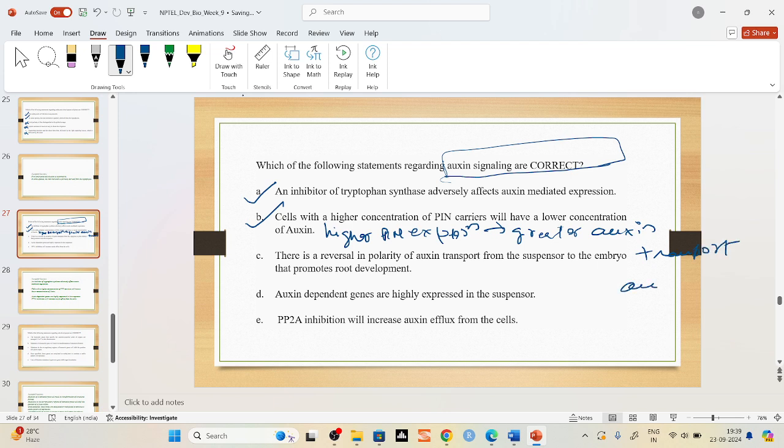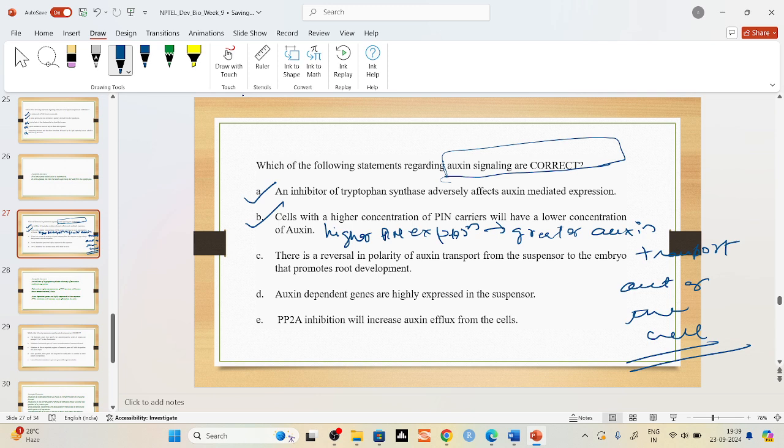Therefore the local auxin concentration reduces. Therefore B is also correct, that is, cells with a higher concentration of PIN carriers will have a lower concentration of auxin.